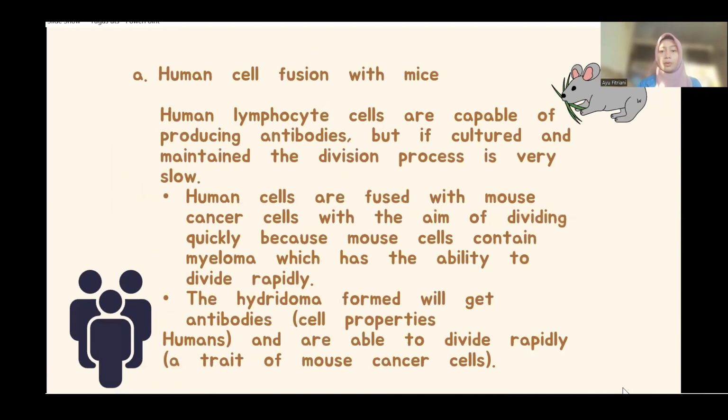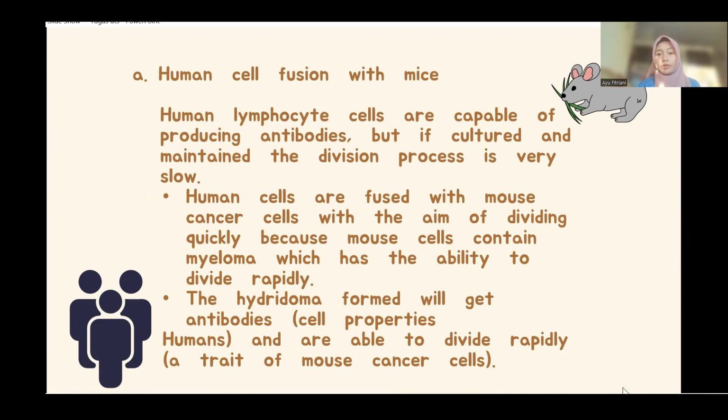A. Human cell fusion with mice. Human lymphocyte cells are capable of producing antibodies, but if cultured, the division process is very slow.